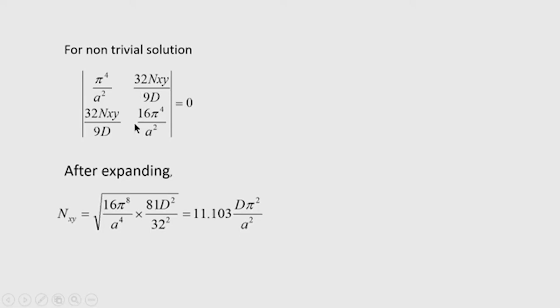Expanding the determinant and equating to 0, we get the value of Nxy. So, Nxy is the root over 16 pi to the power 8 a to the power 4 into 81 d square by 32 square. After calculating we get the critical membrane shear which causes shear buckling in the square plate as 11.103 d pi square by a square.